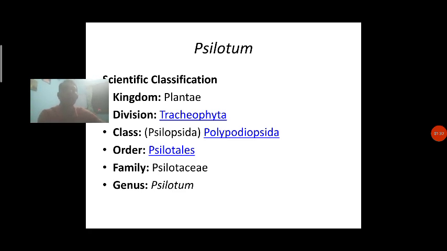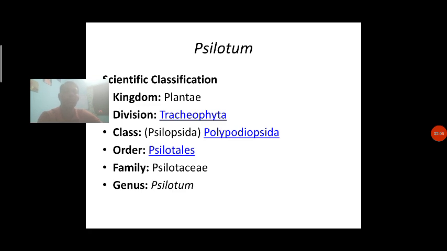Psilotum is included in the kingdom Plantae and it has the division Tracheophyta. Then the class in which Psilotum is placed is Polyploidopsida. Then order Psilotales, then family Psilotaceae, and the genus is Psilotum. This is a very basic thing we discuss in every lecture, the scientific or systematic classification.